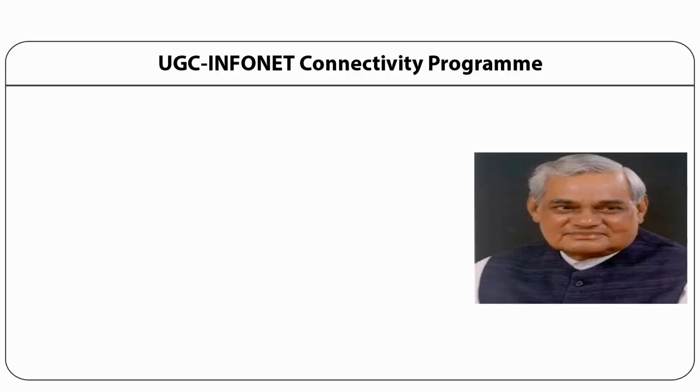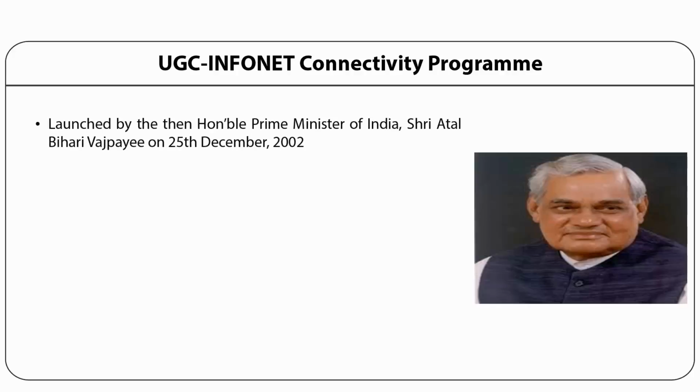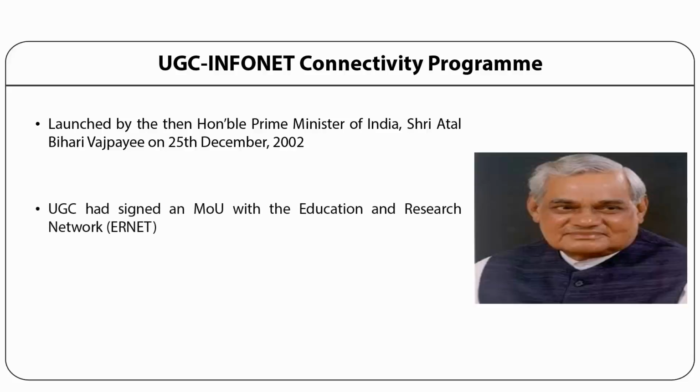The scheme was inaugurated by the then Honorable Prime Minister of India, Sri Atal Bihari Vajpayee, with the commencement of UGC Golden Jubilee celebrations on 25th December 2002. The UGC signed an MOU with the Education and Research Network, that is ERNET India, in April 2002 for providing internet connectivity to all universities covered under section 12B of the UGC Act.